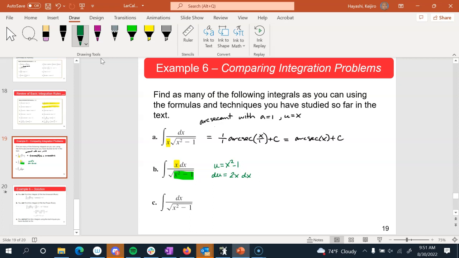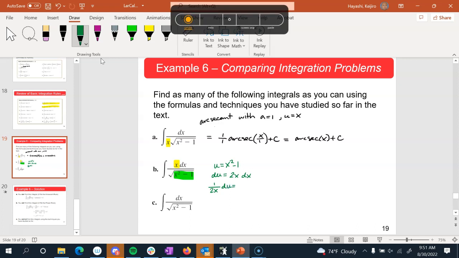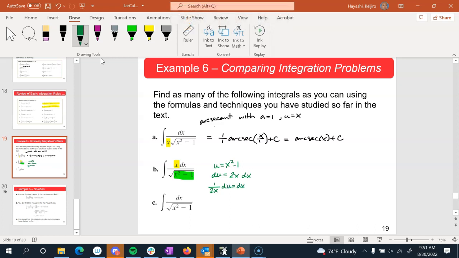And while you could take this and divide by 2 or divide by 2x, you can totally do either. Both should result in the same thing. I'll try dividing by 2x. I'll try isolating the dx and seeing what happens.